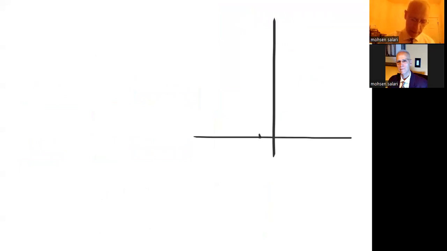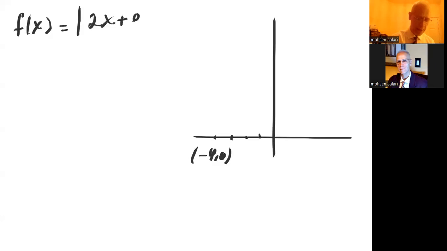So first of all, let's show this. If I go 1, 2, 3, 4, to the left, -4, 0, that we talked about. And remember that our function was f of x equals absolute value of 2x plus 8.